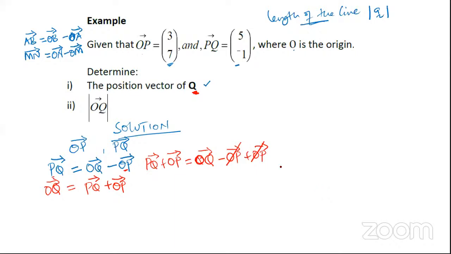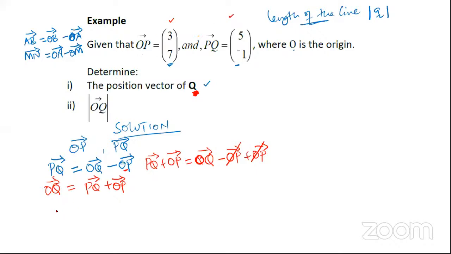What are we all finding? Our aim is to find Q. That's our aim, because you cannot find a magnitude of this without getting this. Now, remember our point of addition. We have our OP there and then PQ there.